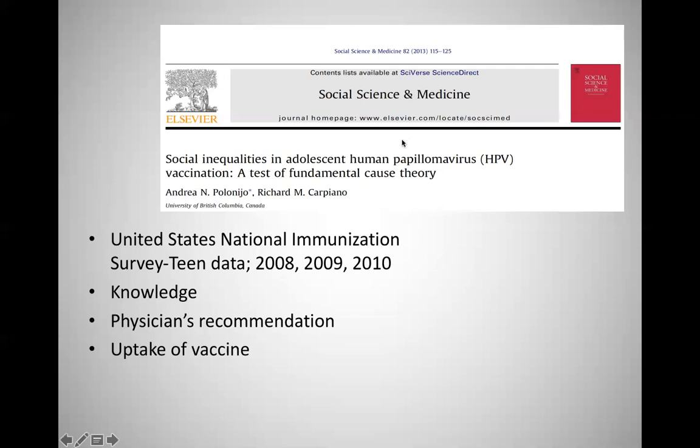So this is the study that has looked at social inequalities in adolescent human papillomavirus vaccination, and it tested the fundamental social cause theory. They used data from the United States National Immunization Survey team. This is a huge data set, and they used data from 2008, 2009, and 2010. And what they looked at is basically parents' knowledge of the vaccine, whether a physician recommended the vaccine, and whether there was uptake of the vaccine by parents.